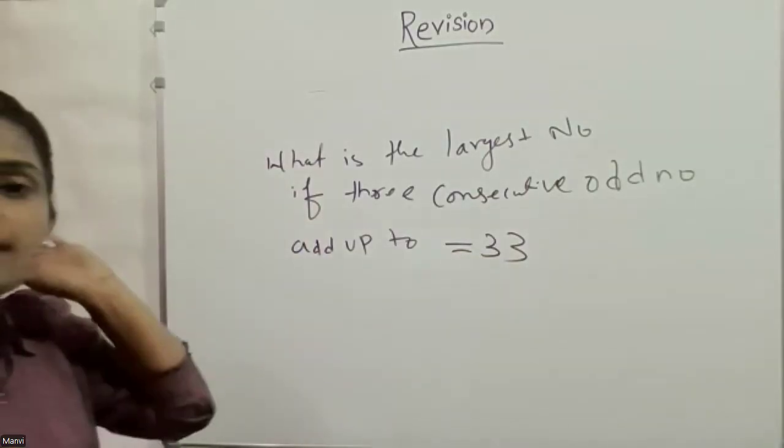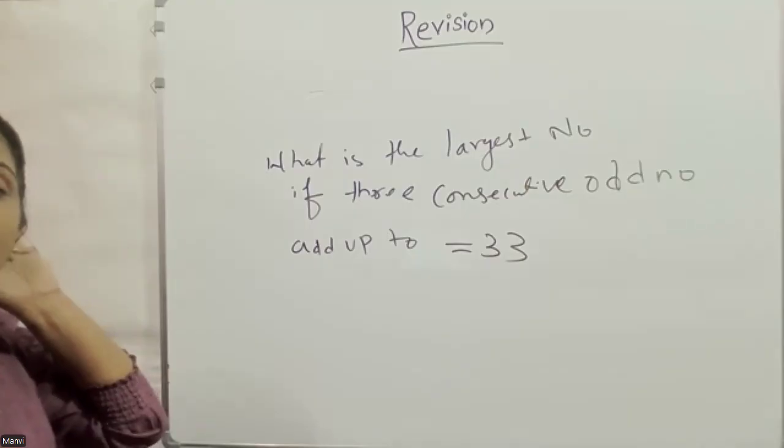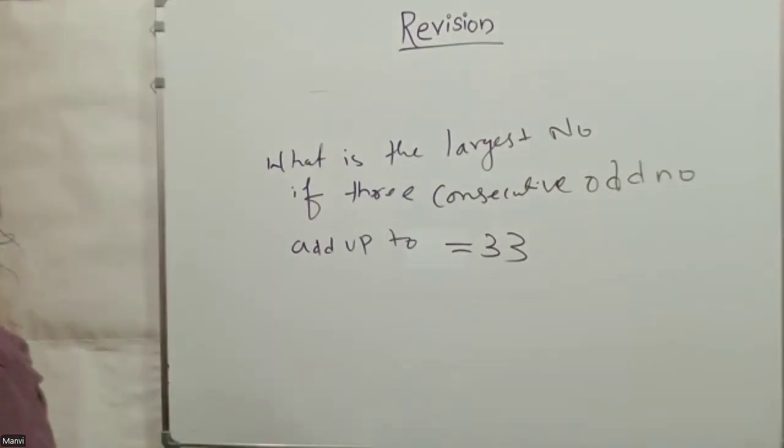Okay. What is the largest number if three consecutive odd numbers add up to 33?